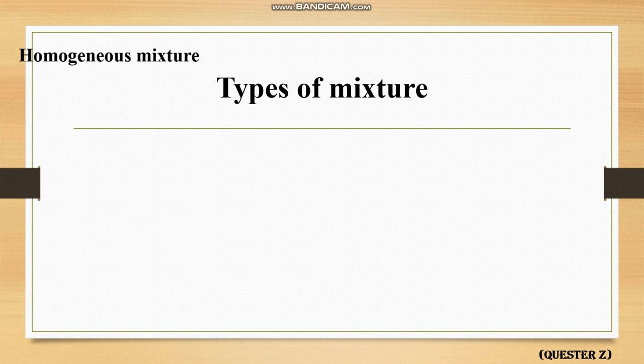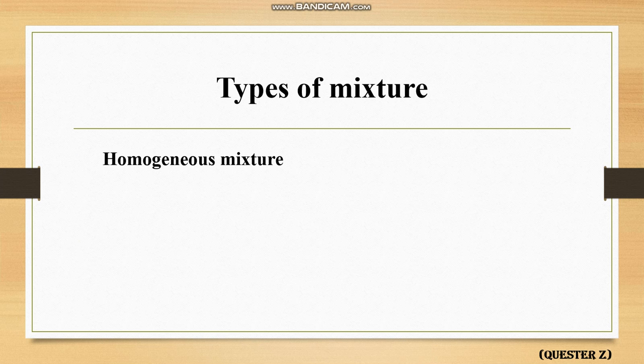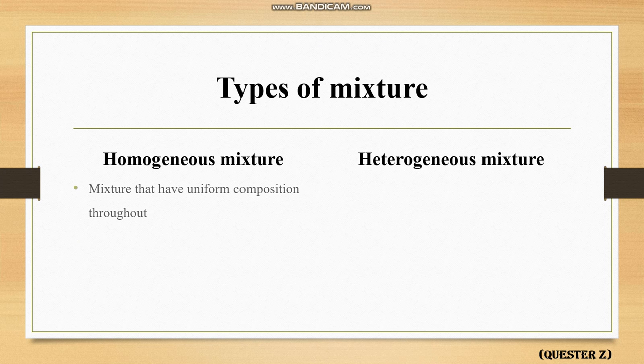Types of mixtures. There are basically two types of mixtures: homogeneous mixture and heterogeneous mixture. Now, what is a homogeneous mixture? A mixture that has uniform composition throughout is known as a homogeneous mixture. You can also use the term solution for this type, because a solution is also a homogeneous mixture. What does it mean that it has uniform composition throughout?